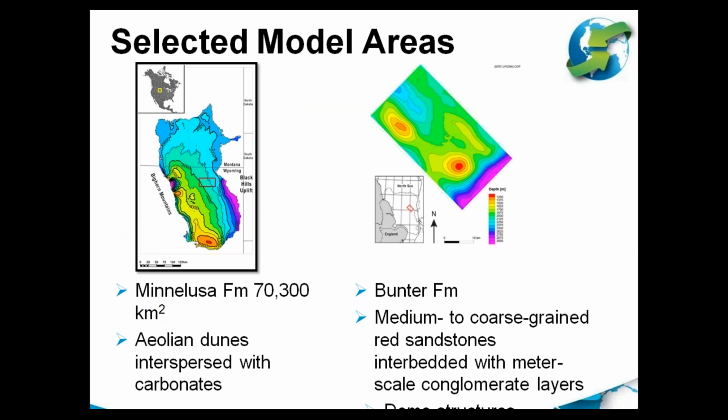You can see on the left in the Minnelusa, a much smaller area was selected rather than the whole formation, and approximately the same size area was also selected from the Bunters to give approximate comparability in terms of area. The Bunter model was actually taken from a model produced by the BGS for a North Sea appraisal of prospective storage sites.